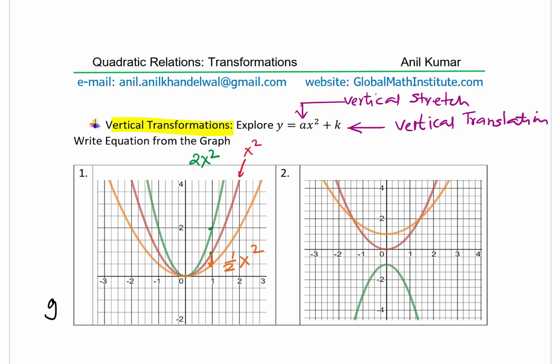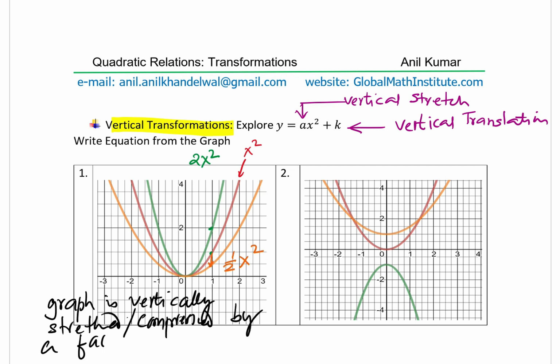So the graph is vertically stretched. We also use the word compressed by a factor of a.